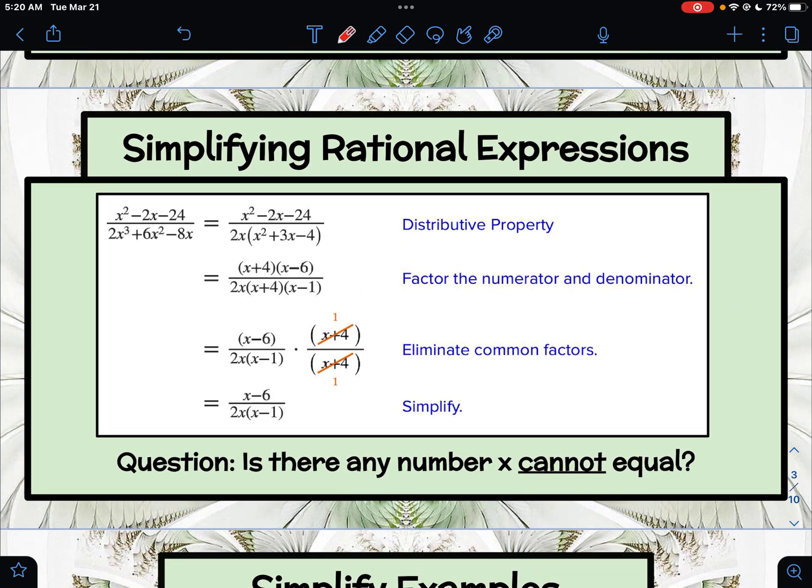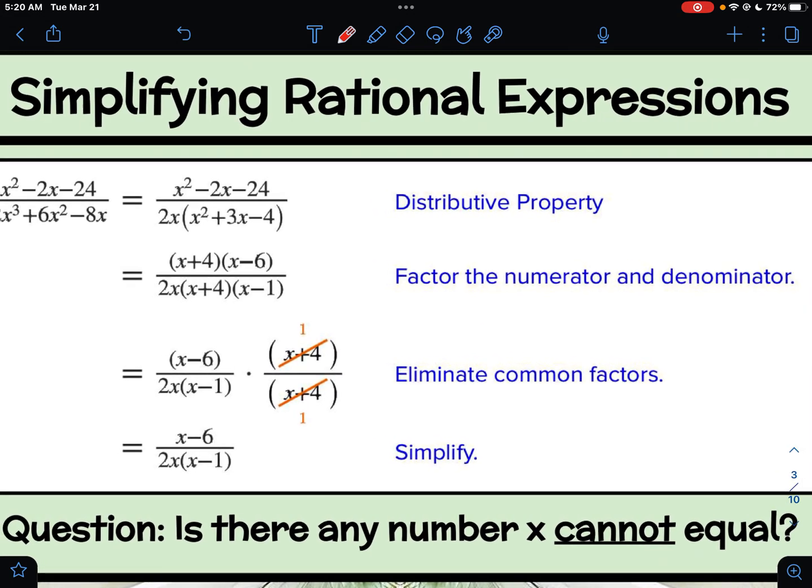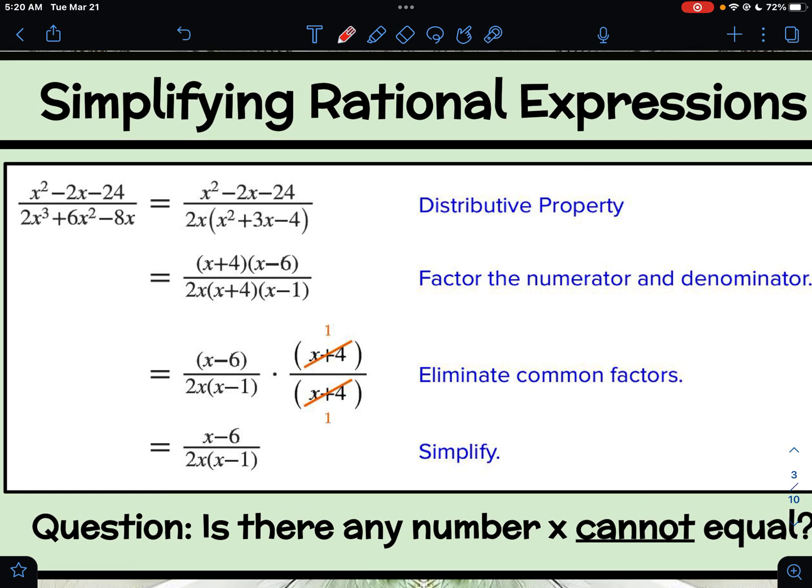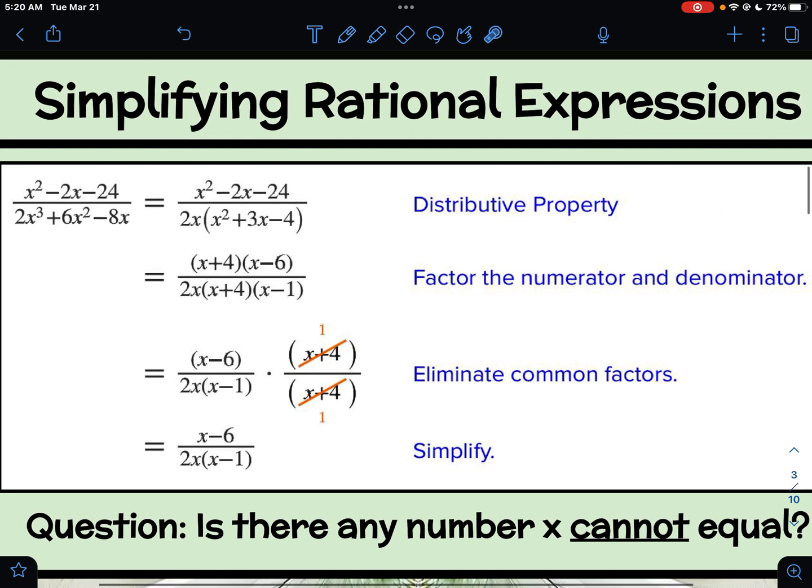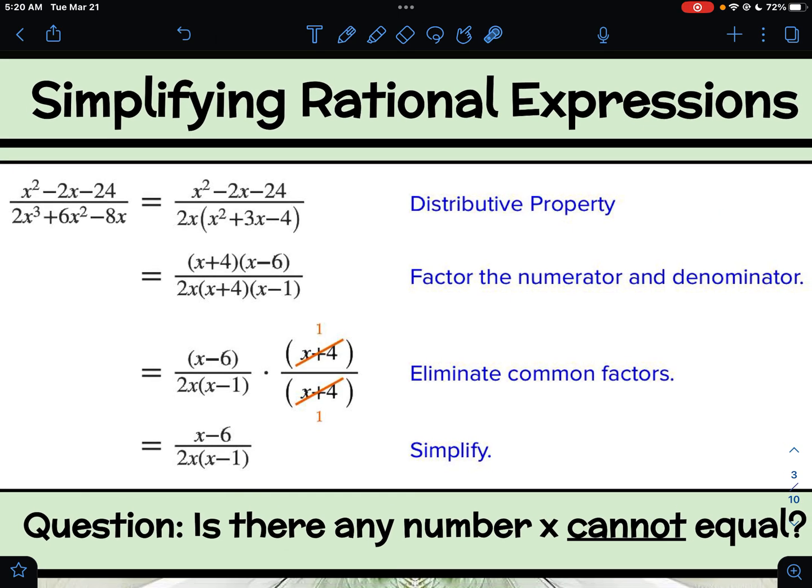Okay. So here's an example of simplifying rational expressions. I liked this because it has all the steps.